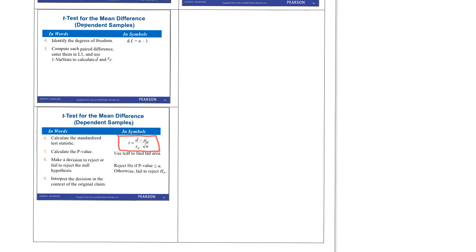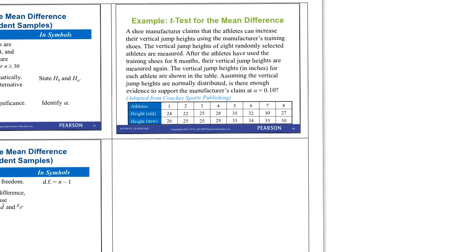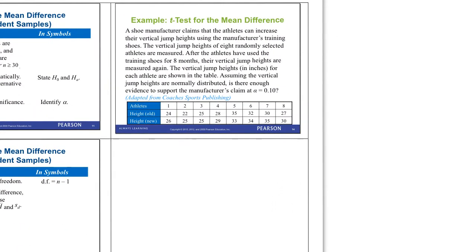Okay, so we have a model problem here on the right for you. And the context is a shoe manufacturer claims that athletes can increase their vertical jump heights using the manufacturer's training shoes.